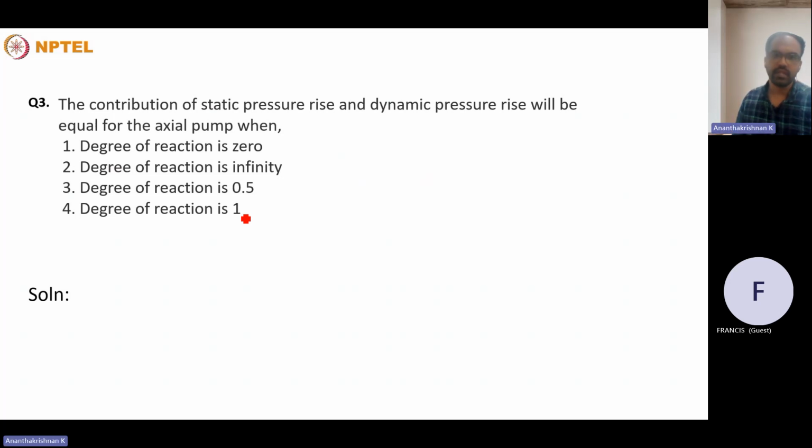The contribution of static pressure rise and dynamic pressure rise will be equal for the axial pump when degree of reaction is zero, infinity, 0.5, or 1.